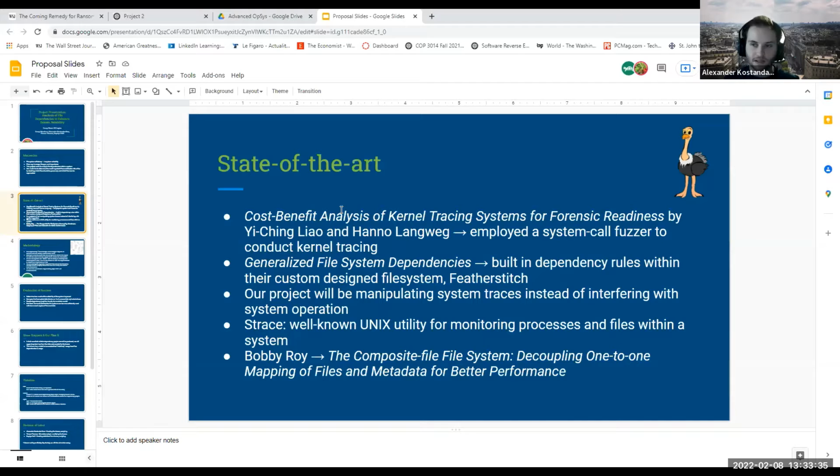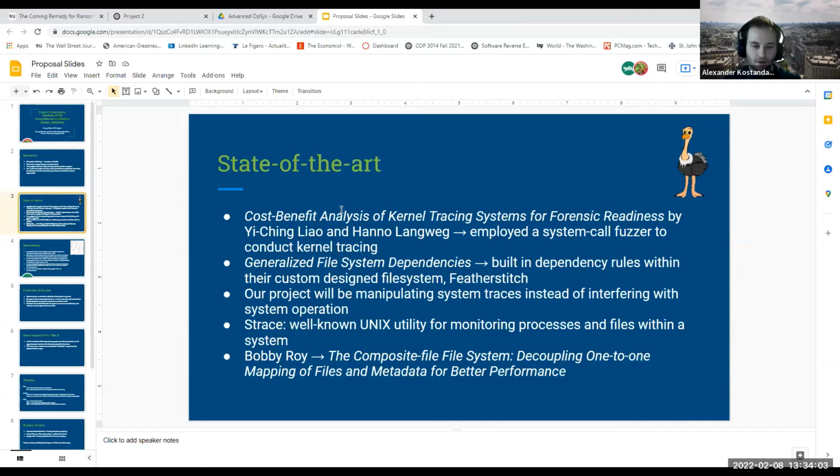A fuzzer basically varies its input to follow execution paths. The file system dependencies with FeatherStitch had some rules built in. But our project is more about looking at the traces and manipulating traces to see what has the least overhead. We're not actually directly interfering with the system.